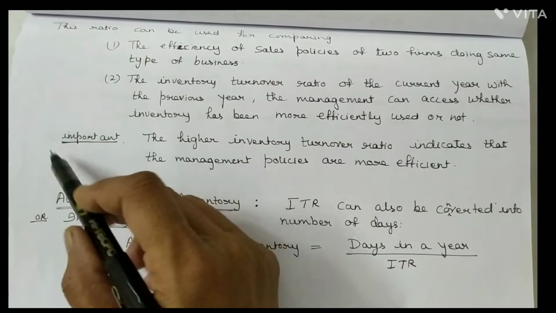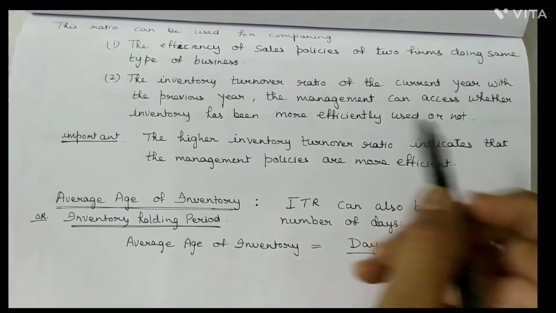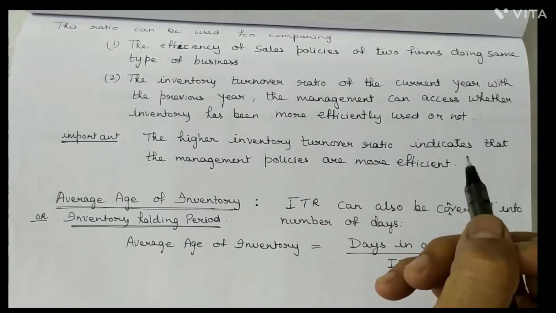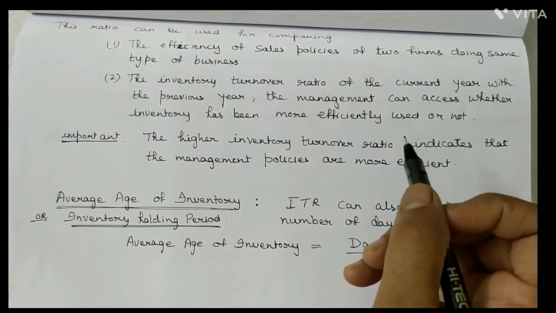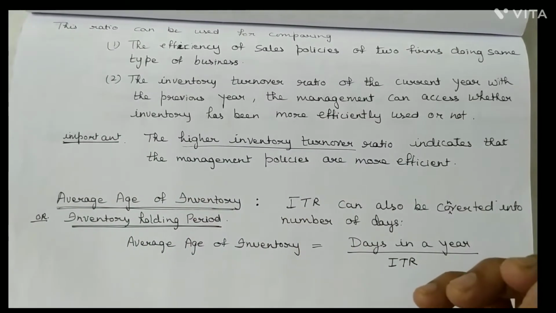The important point is that a higher inventory turnover ratio indicates that the management policies are more efficient. So it is good for the company if it has a higher inventory turnover ratio.